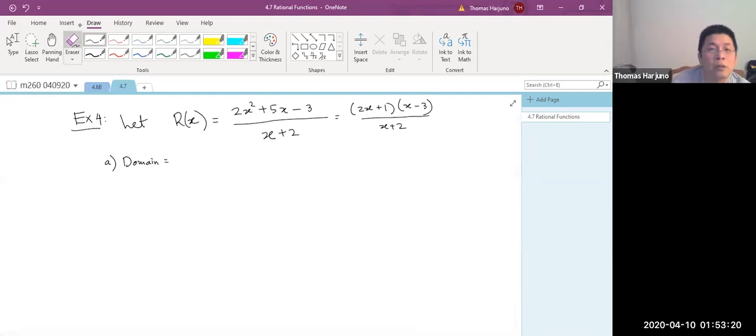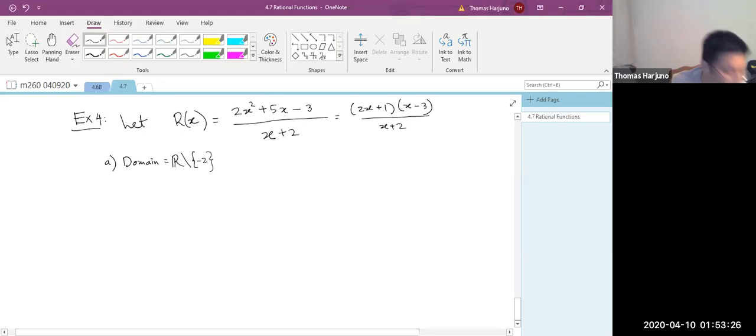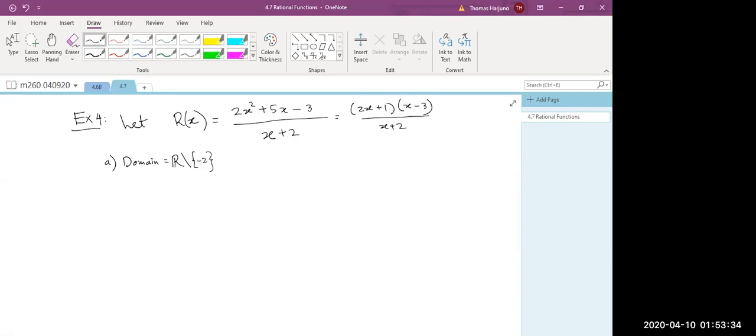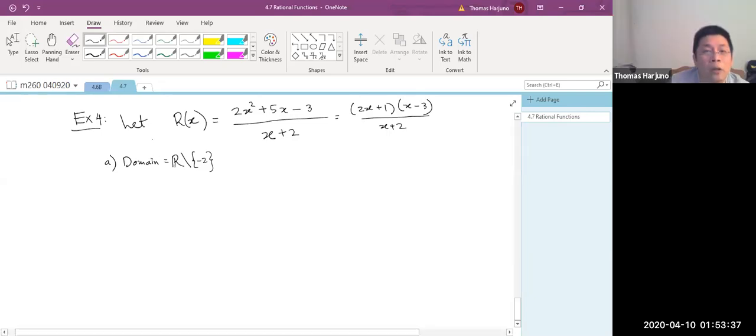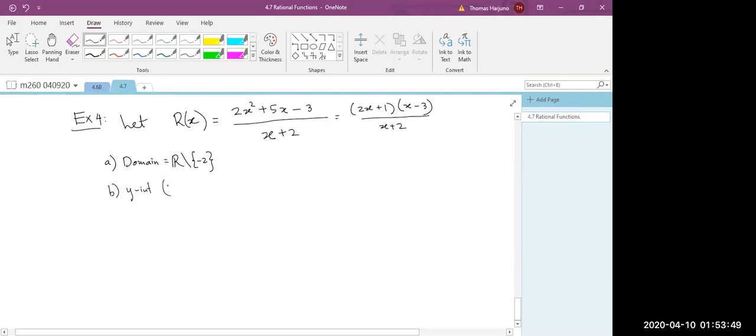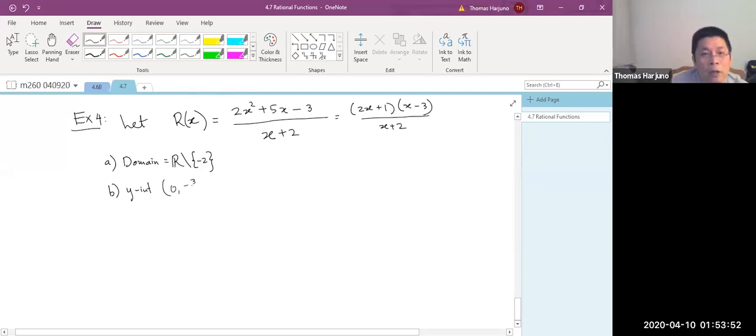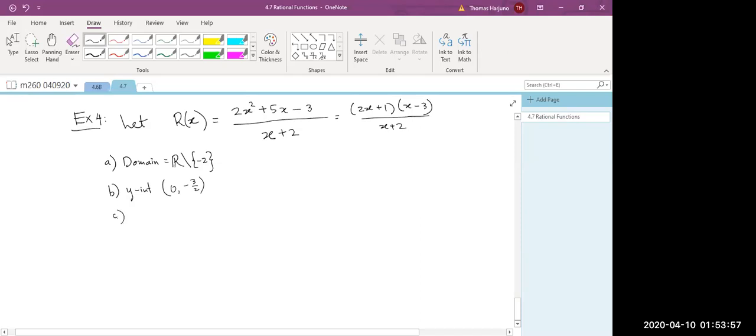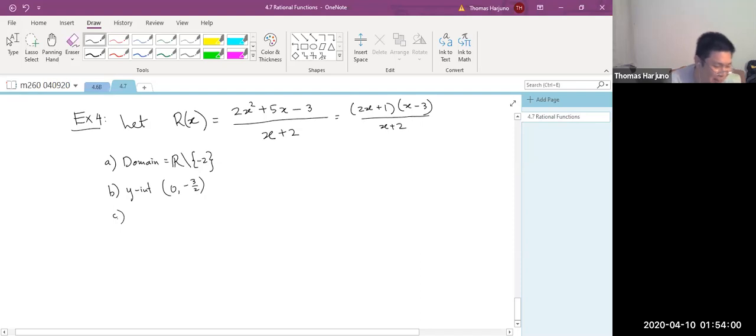That's right. Or the domain is all real numbers except -2. How about the y-intercept? 0, -3/2. Sorry, it's okay if you do it here, just don't do it in the test. That's half a point off there.